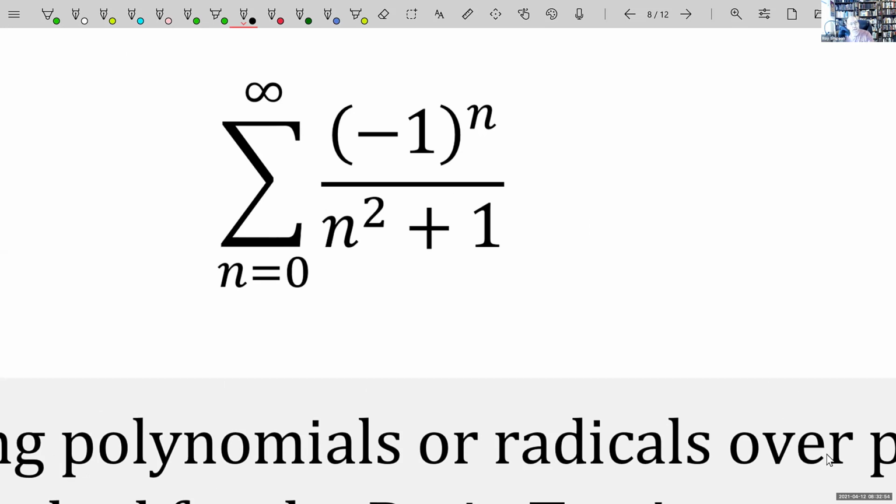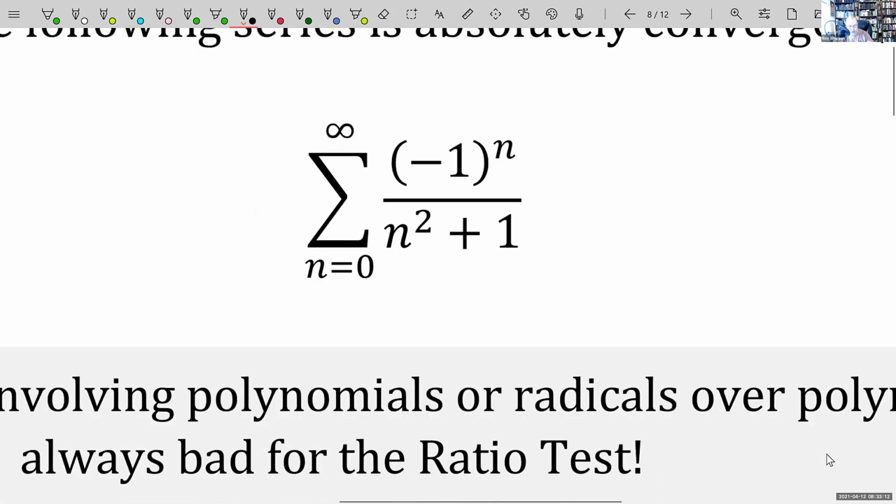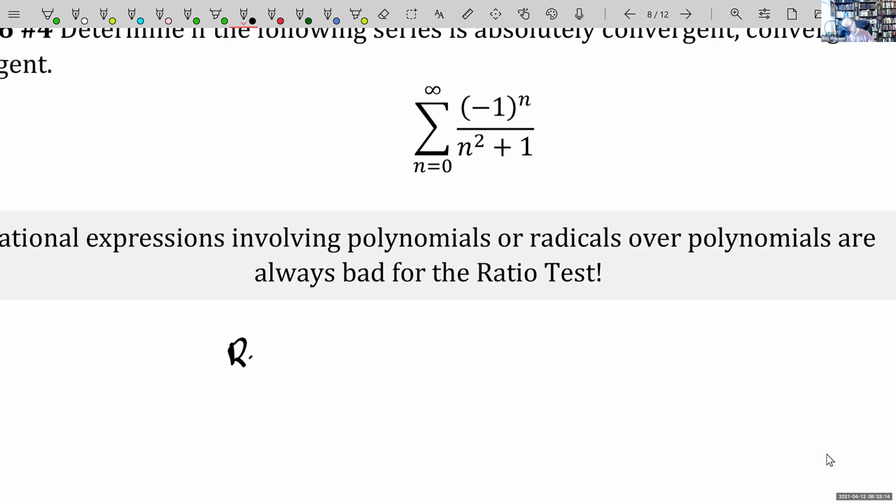Now, if this was on an exam and they said determine if it's absolutely convergent, conditionally convergent, or divergent, I would probably still do the ratio test because absolute convergence is part of the question. So let's go ahead and just try to use the ratio test to see how this works.